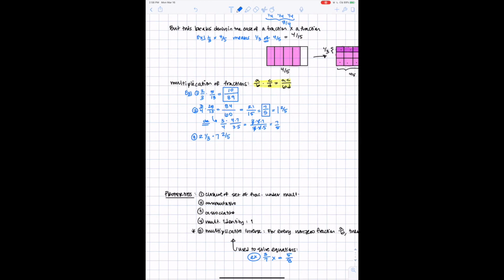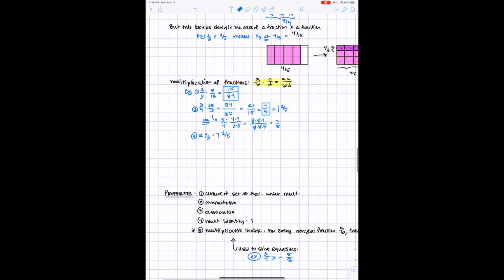All right, for this last example, number 3 here, we're going to look at multiplying two mixed numbers. And in this form, we have these kind of imaginary parentheses we can imagine sitting here, just so this is really clear. Sometimes they don't write those, but this is what it would look like.